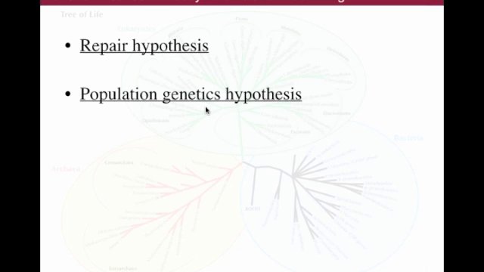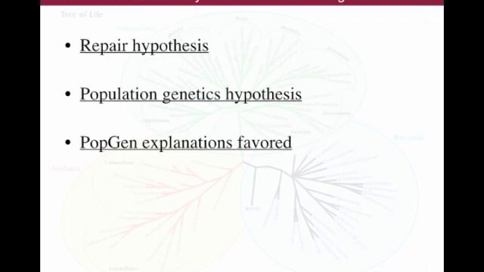So mutations stay around in the population more, the rate of evolution goes up. Mutations stay around longer, you may eventually knock out one of your DNA repair genes, and the GC content might get screwed up, and so on. So there are these two related but conflicting hypotheses. And most people working on endosymbionts argued that the population genetic explanation was favored.